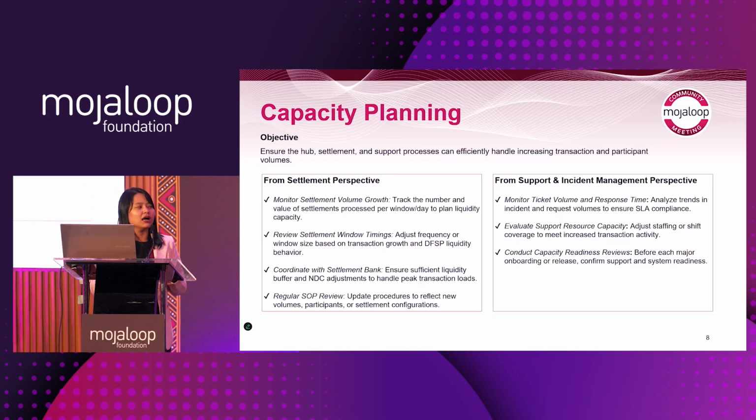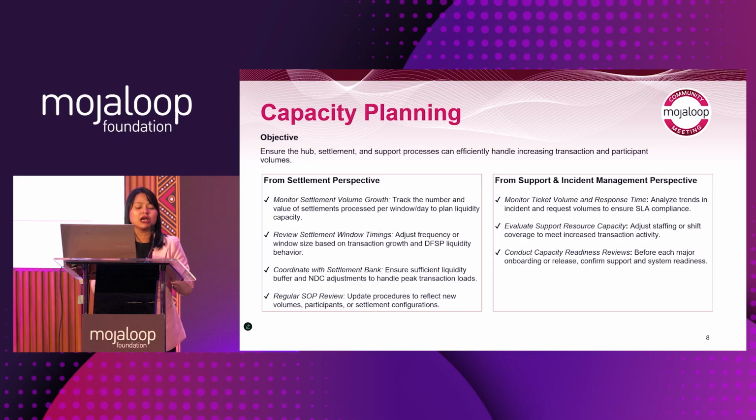In this slide, I would like to talk about capacity planning. Regarding capacity planning, the objective is to ensure the settlement and support processes can efficiently handle significant transaction volumes. Let me present from the settlement and support perspectives. The hub operation team needs to monitor the liquidity and transaction volume and value.